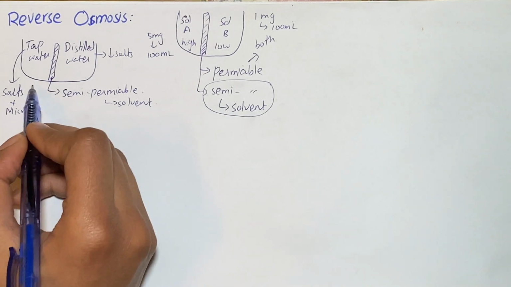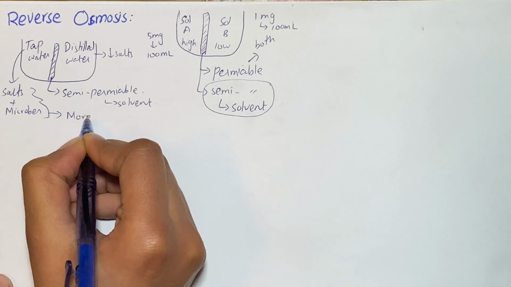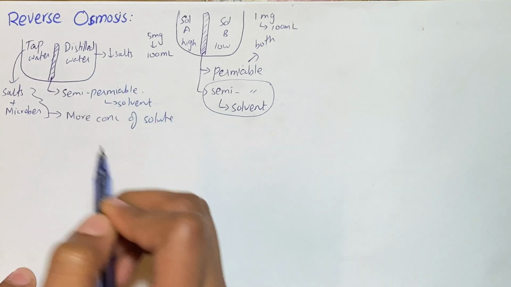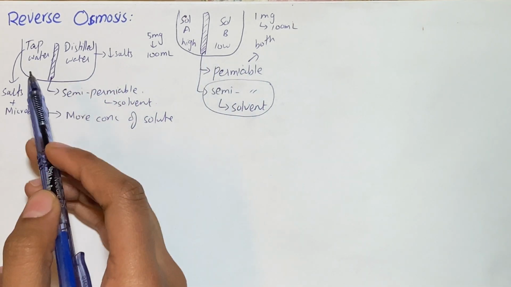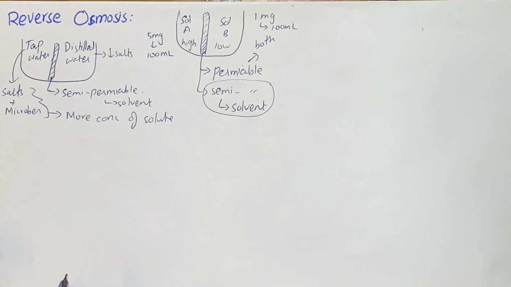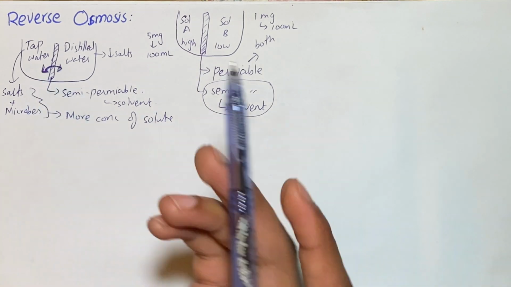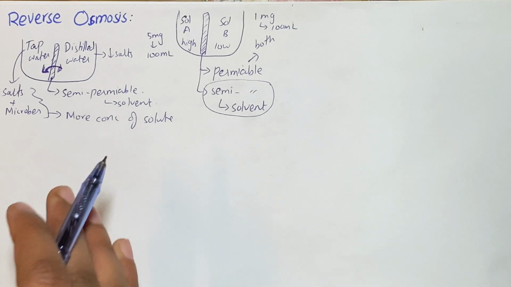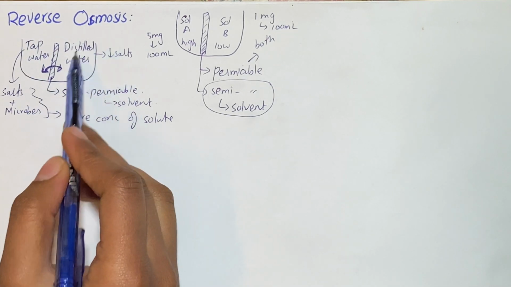As we know, anything other than solvent makes up the solute concentration. So tap water has more concentration of solute than distilled water. So what will happen is that distilled water, which is already in somewhat pure form, will also lose its purity when it moves across the membrane and loses its solvent to the tap water.